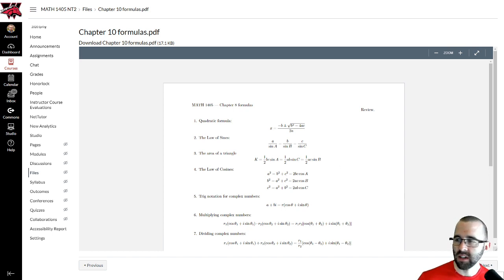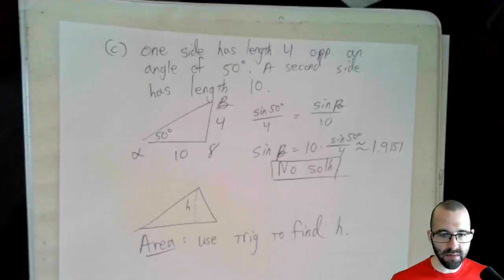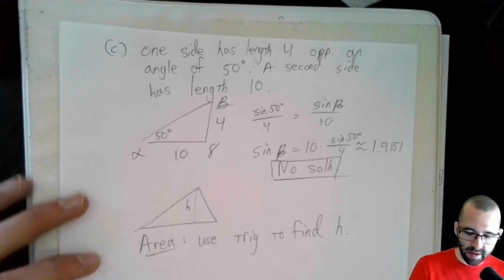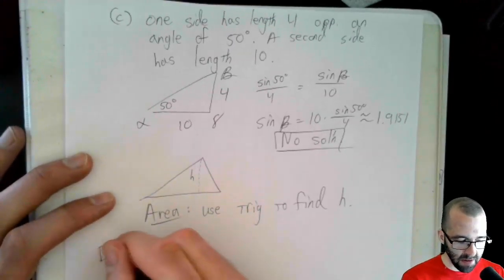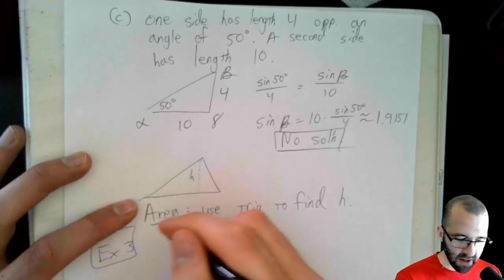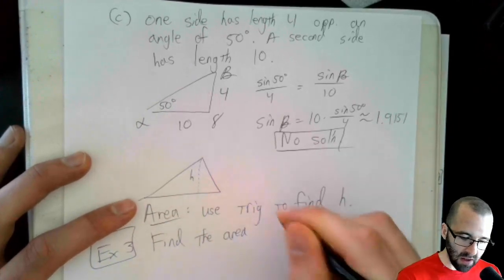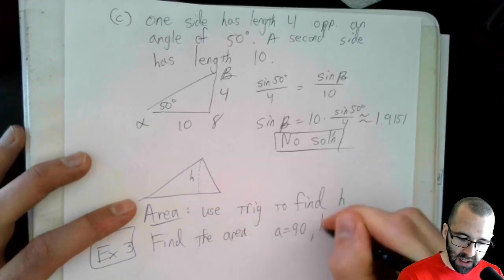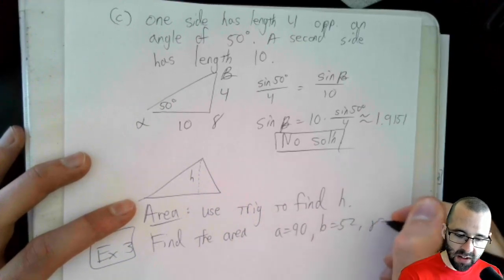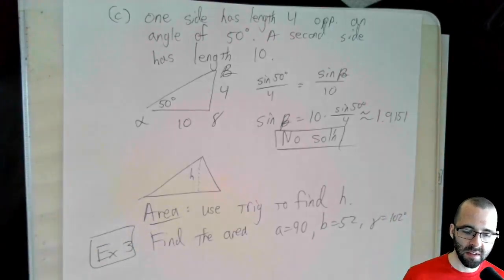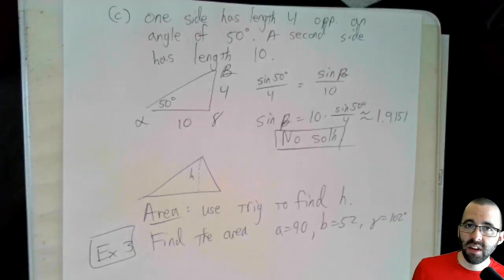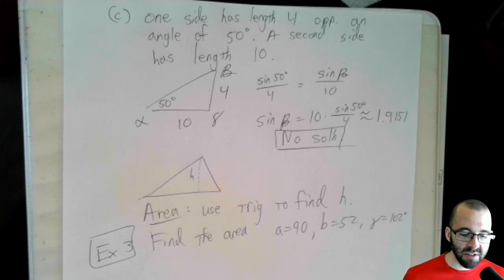So you can use any one of these formulas for the area of a triangle. Okay? So let's just do a problem and show you how it's used. All right? So let's do example 3. Find the area where A equals 90, B equals 52, and gamma is 102 degrees. So really, you don't even have to draw a triangle here.